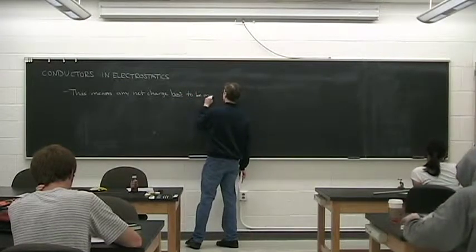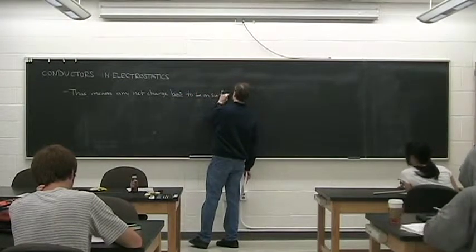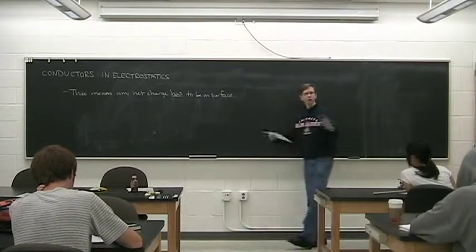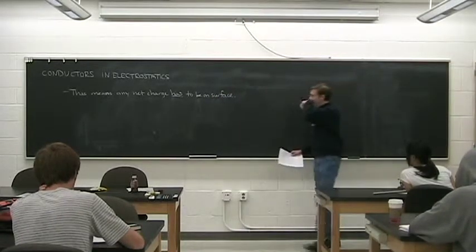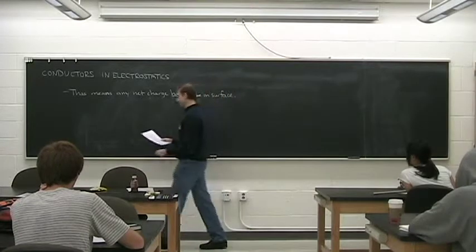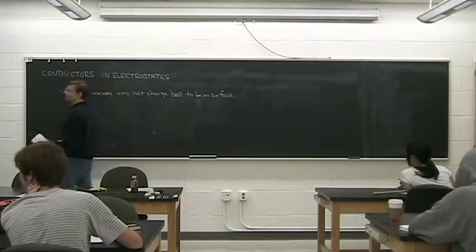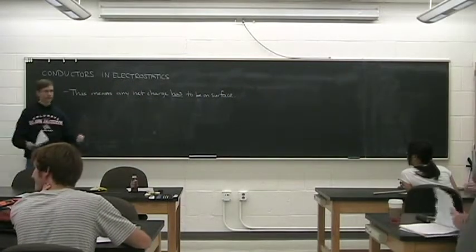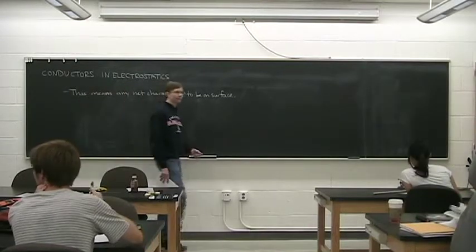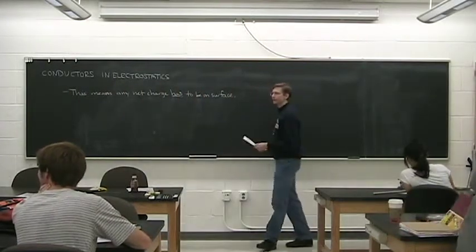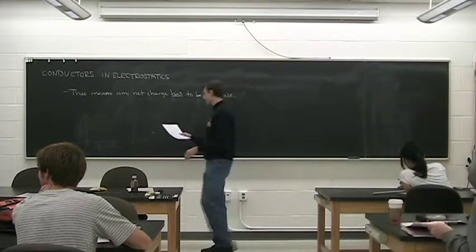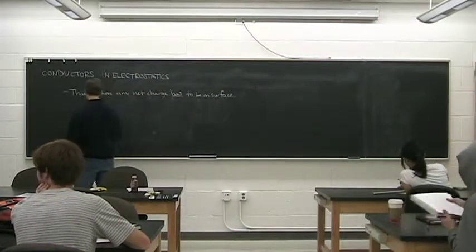Nowhere else for it to go. So any net charge on a conductor all goes out to the surface of the conductor. It can't be anywhere inside it if you're in an electrostatic situation. If it's not static, then that's not true. But if you're in an equilibrium static situation, any net charge has to be sitting on the surface of the conductor.